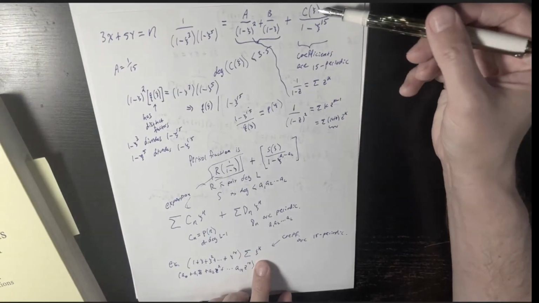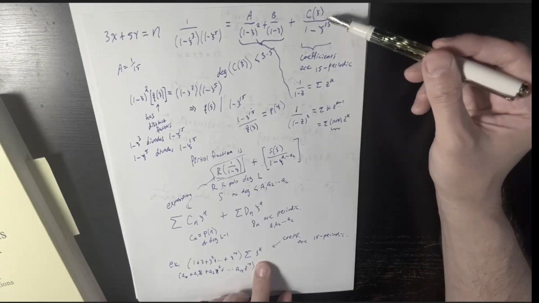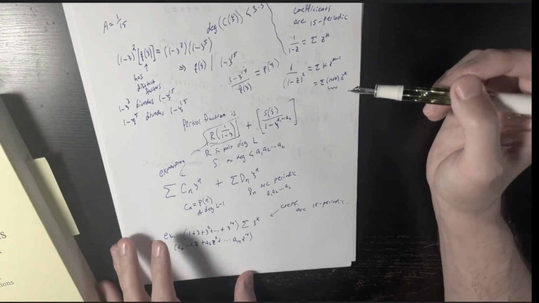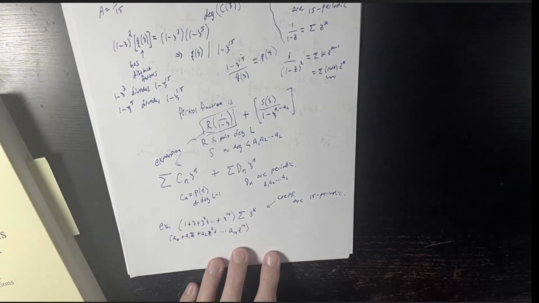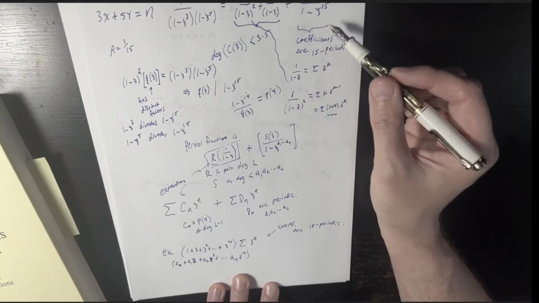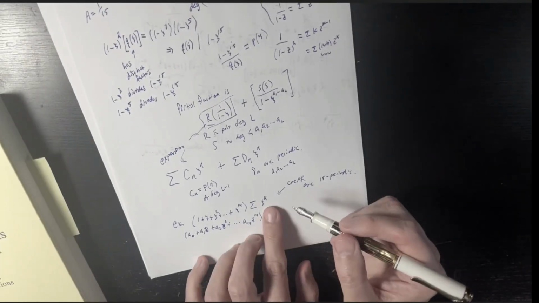So if the c on top is of degree 14 or fewer, then when we take c, the polynomial c of z, and multiply by this boring geometric series, sorry, it's not actually k.